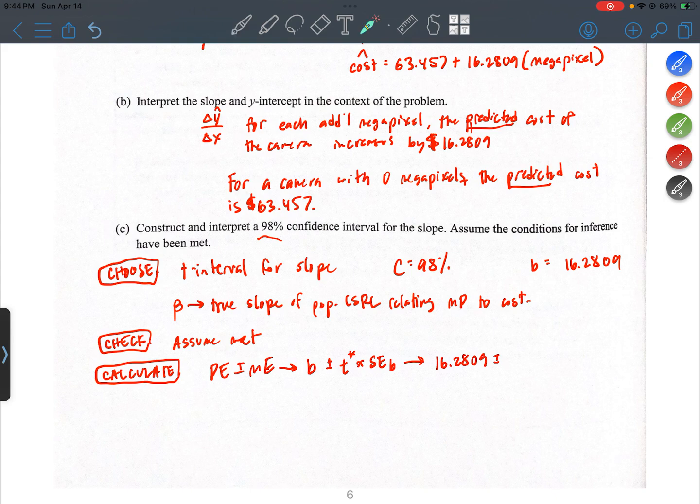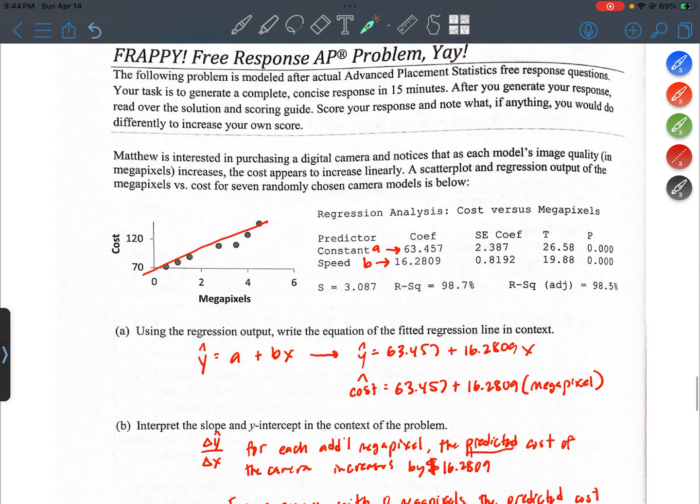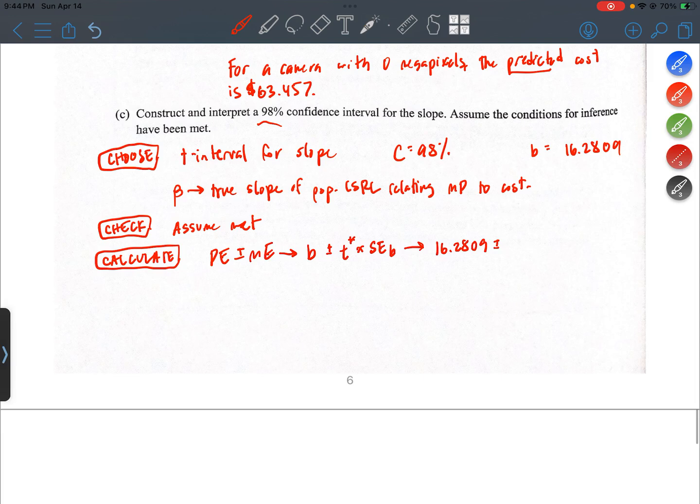So we've got 98%, and it was 7 cameras. So degrees of freedom, let me just write it here: n minus 2, 7 minus 2 is 5.